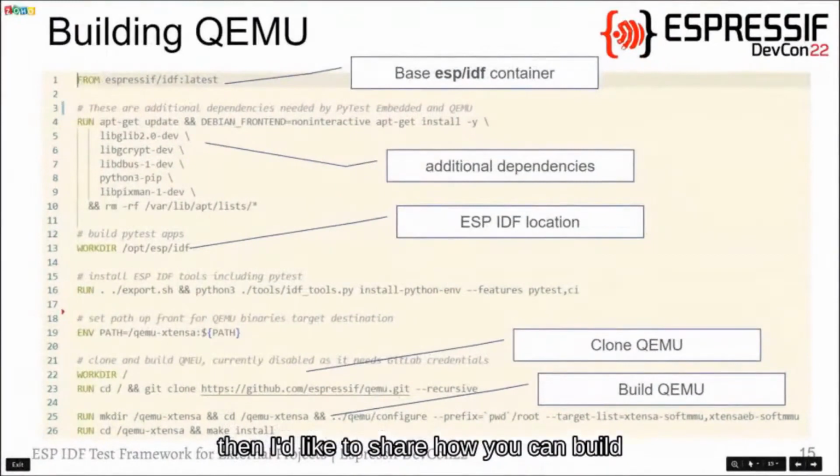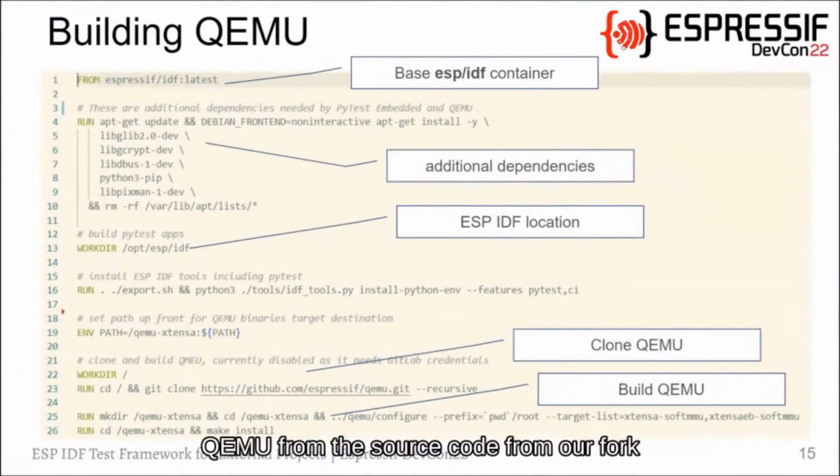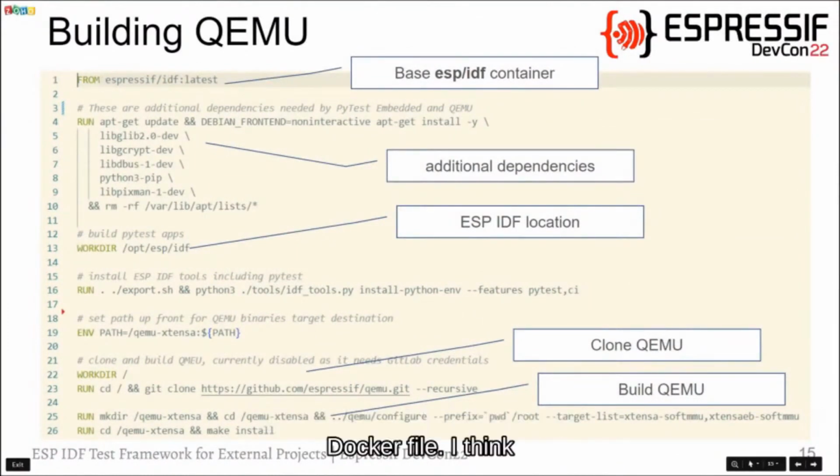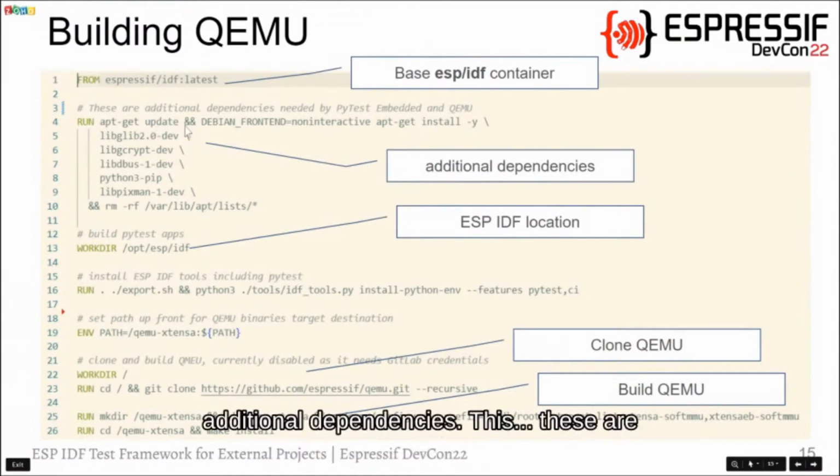Then I'd like to share how you can build QEMU from the source code from our fork, and I'm doing it in the way of a Dockerfile. You can see that it's based on the IDF latest image. Then we are installing a few additional dependencies.